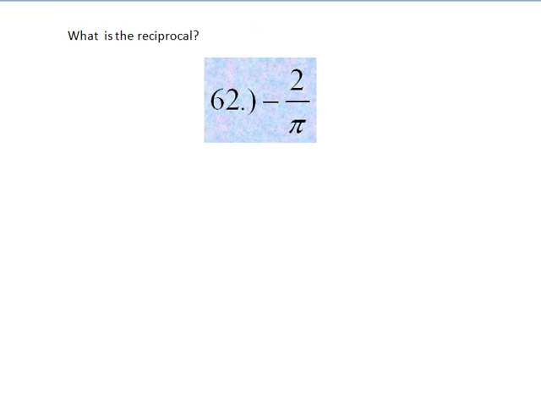And what is the reciprocal of negative 2/pi? You do not have to change pi into a number. You can simply leave it as pi.